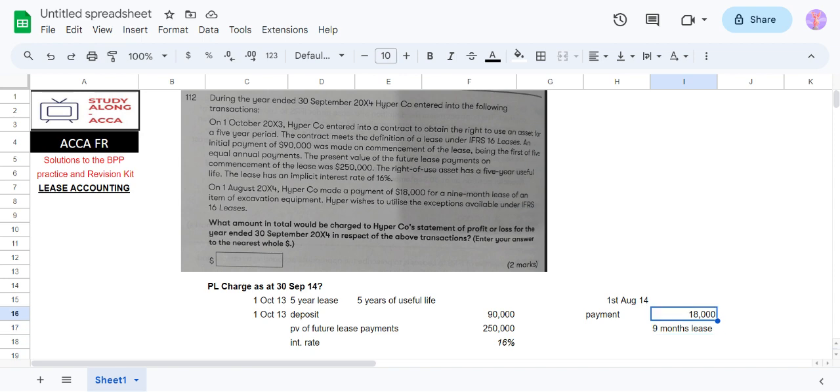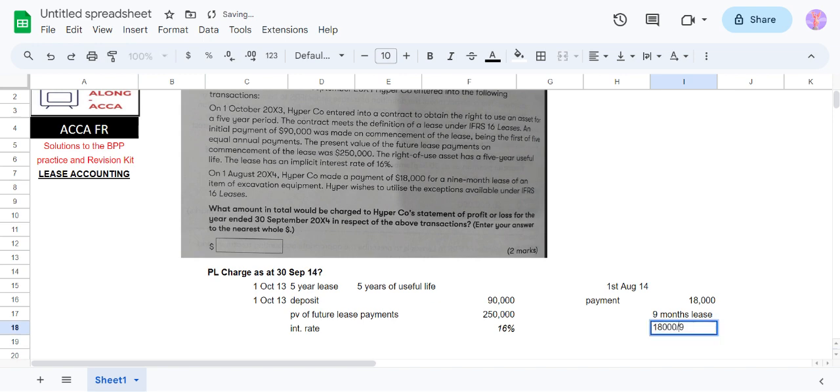Nothing else is mentioned here. So for the second lease, on 1st August, we only have 2 months in the first year because the books close on 30th September 14. 18,000 is the payment, and it is a 9-month lease, so we will divide it by 9.